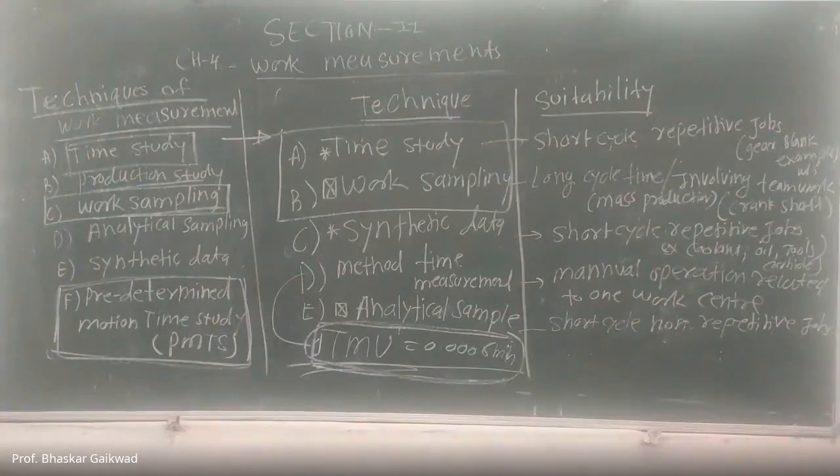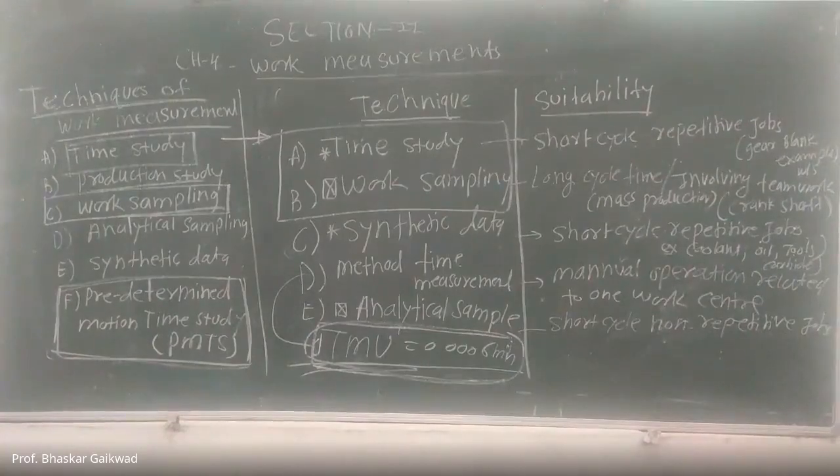TMU means 0.0006 minute. If that much time is there, then it is called 1 TMU, and it is for all work done manually by a person. Here we have seen suitability, meaning which technique can be used where. Time study: short-cycle, repetitive jobs, mass production.